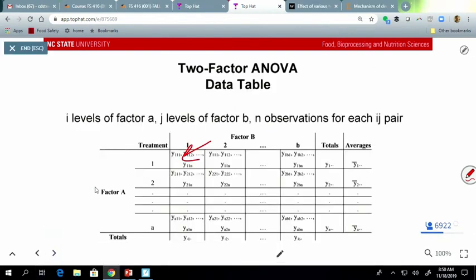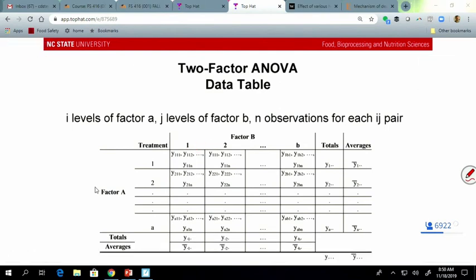And although I'm not going to bother to take the time, it would take another week or 2 that we don't really have this semester. We wouldn't get to go into acceptance sampling, so we don't have time to bother with the math, but just take a minute to appreciate all of the calculations that you would have to do. Think about figuring out sums of squares for factor A, factor B, and then the interaction effect.